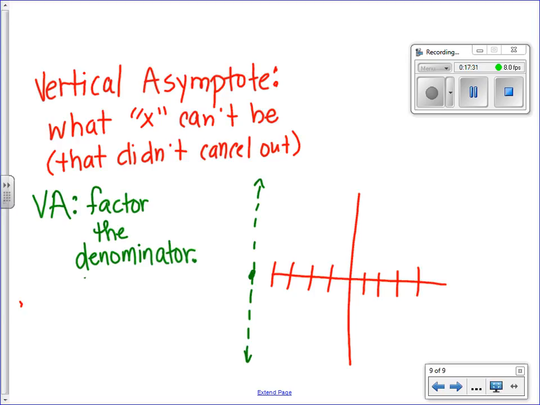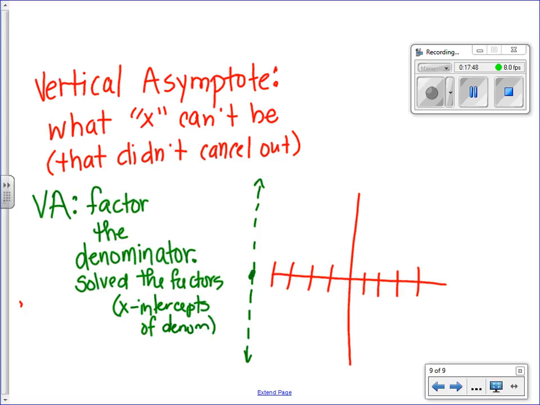And then we solved the factors. We basically found the x-intercepts of the denominator, okay?